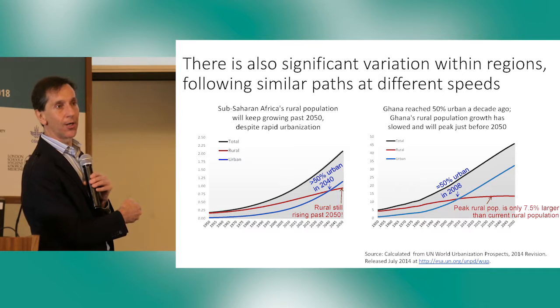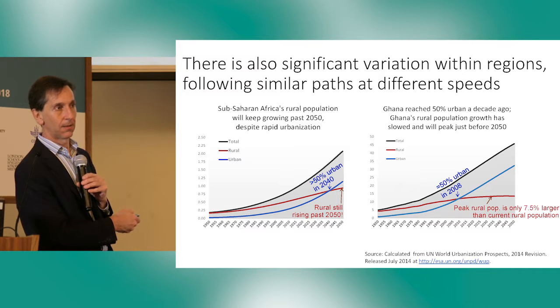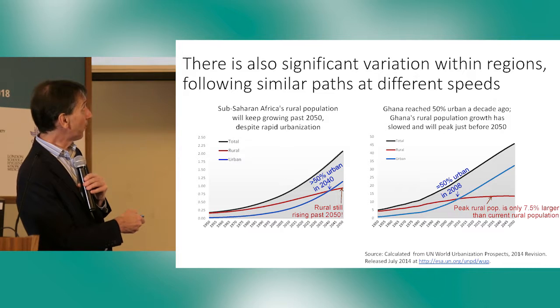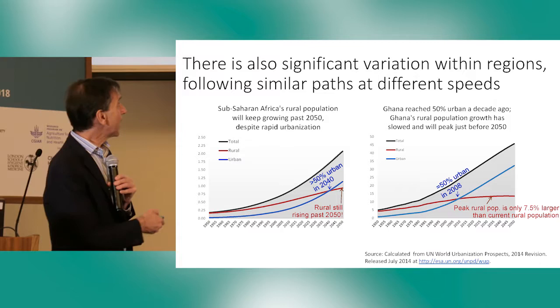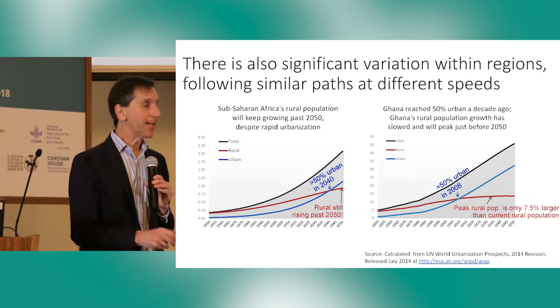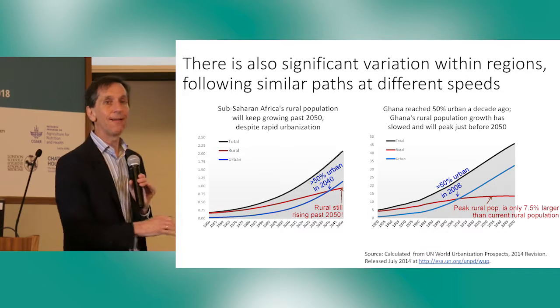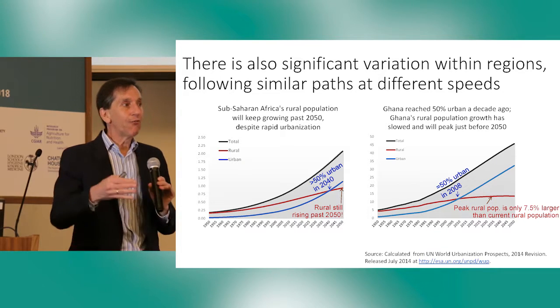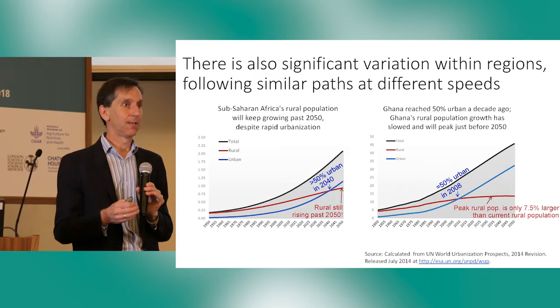Way, way earlier than the rest of Africa. And the peak is just before 2050, but it's not rising, the rural is not rising very fast. As a result of which, Ghana, unusually, is having very, very low rural population growth. Very little shrinkage of farm size in Ghana.